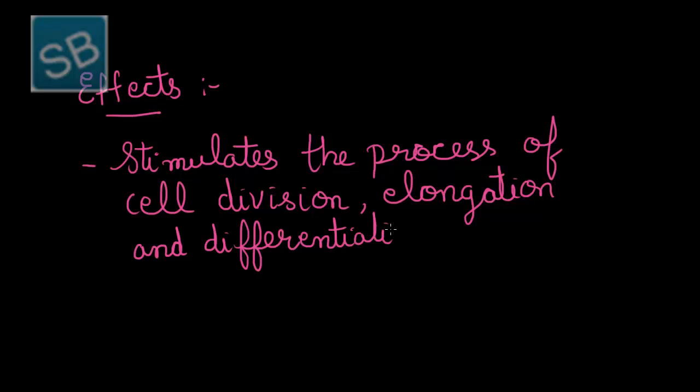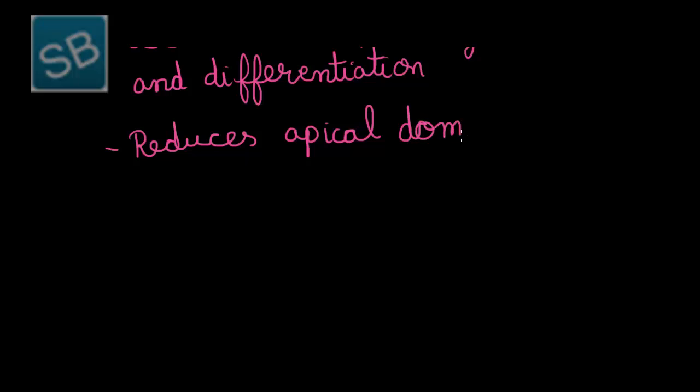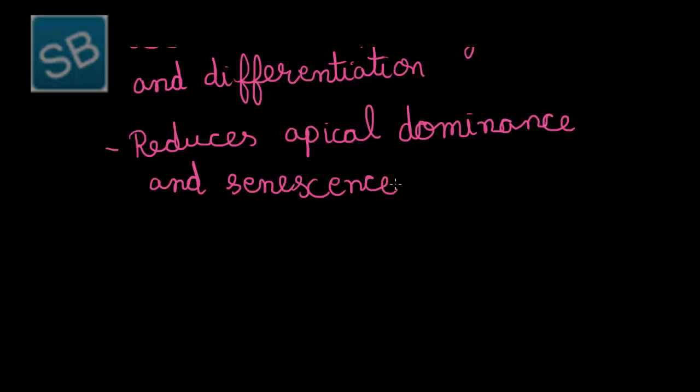It also helps in reducing the apical dominance nature of the plant. And also helps in reducing the senescence of the plant, that is a property which generally leads to the death of the plant, which we'll study later.